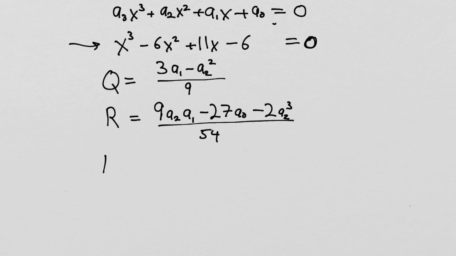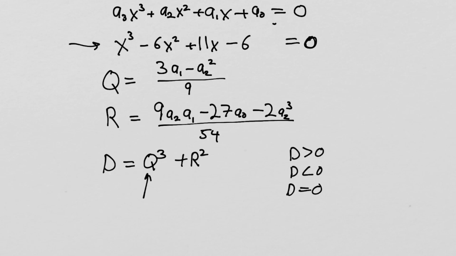Then the next important number is D, which is the discriminant. It's Q cubed plus R squared. The usefulness of the discriminant here is just like it is for the quadratic equation. If you have D greater than 0, D less than 0, or D equal to 0, it tells you different things about the roots. The only way it can be less than 0 is if Q cubed is less than 0.